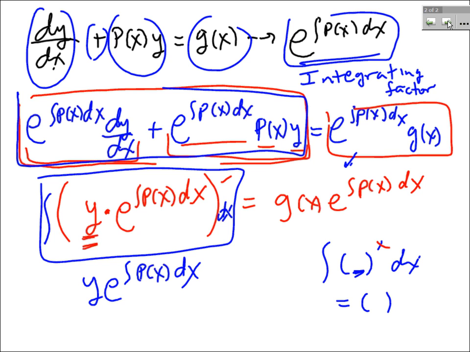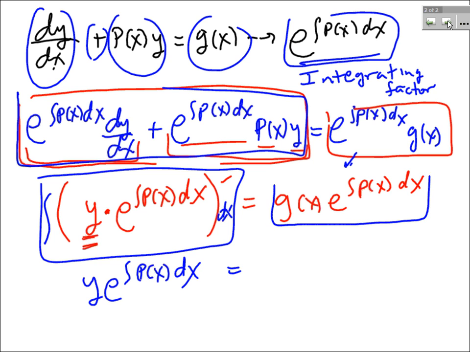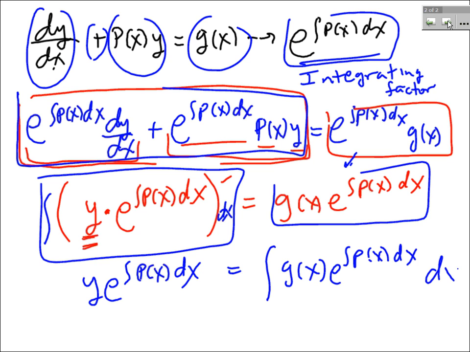If you take the derivative of this function and then you undo it, you get back that function. I took the integral of the left-hand side, and now I'm going to take the integral of the right-hand side with respect to x.